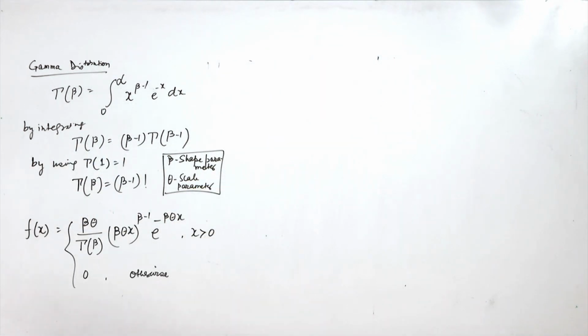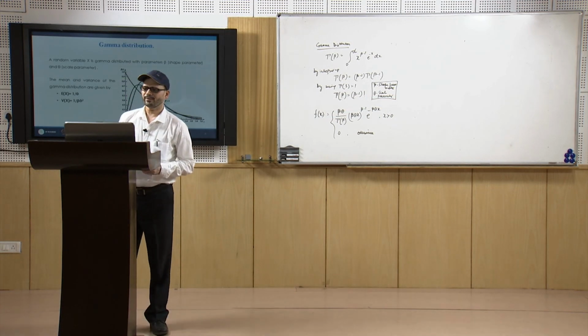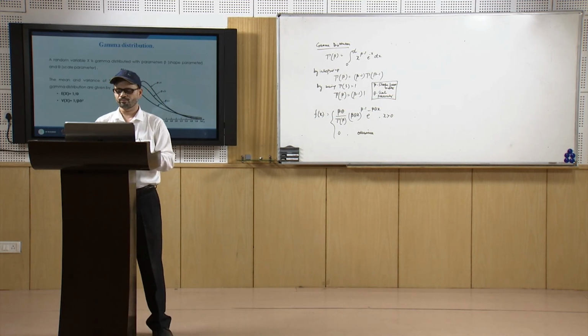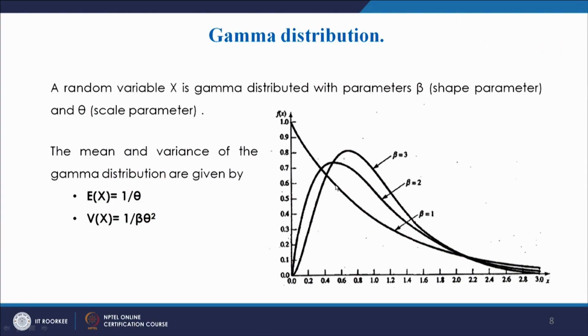With different beta values and a scale parameter of 1, you get different curves of the PDF in the case of gamma distributions.